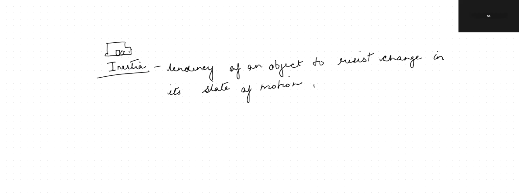Eventually they come to a stop because the net external force, the friction force with the floor of the bus, causes the backpacks to slow down. Newton's first law is also known as the law of inertia.